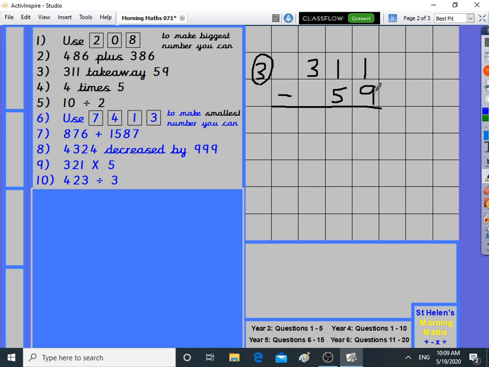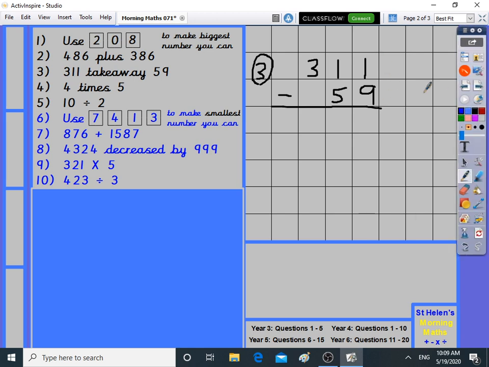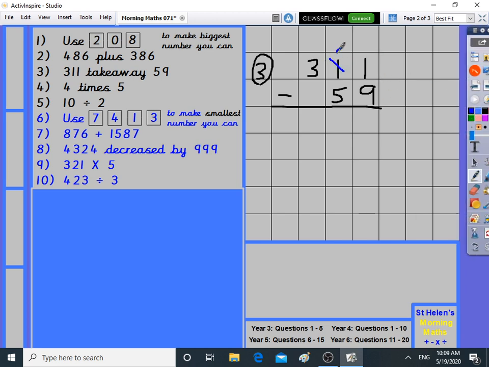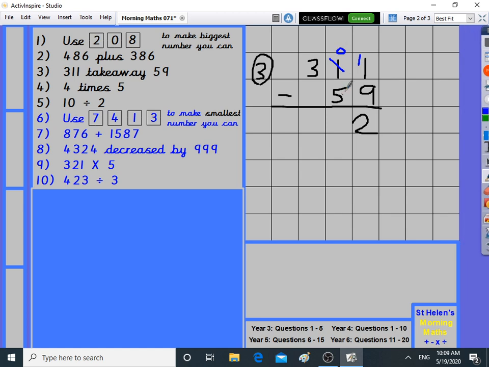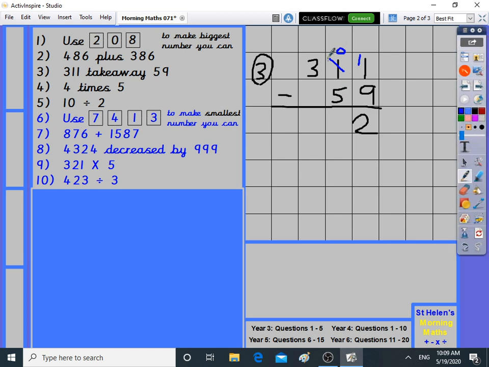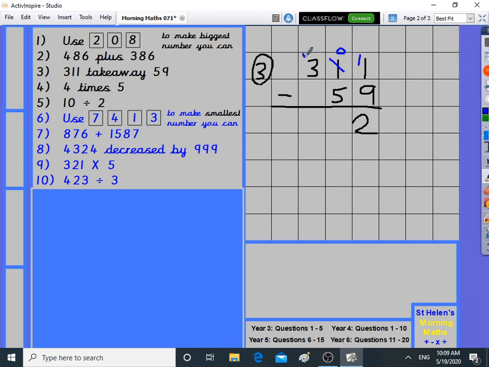1 take away 9, you can't do. 1 is too small. If you have 1 sweet, you can't give away 9. So 1 needs to get some help from next door, which goes down to a 0, lends 1. 11 take away 9 is 2. 0 take away 5, we can't do that either. 0 needs some help. 3 in the hundreds column goes down from 300 to 200, lends 1 over here.